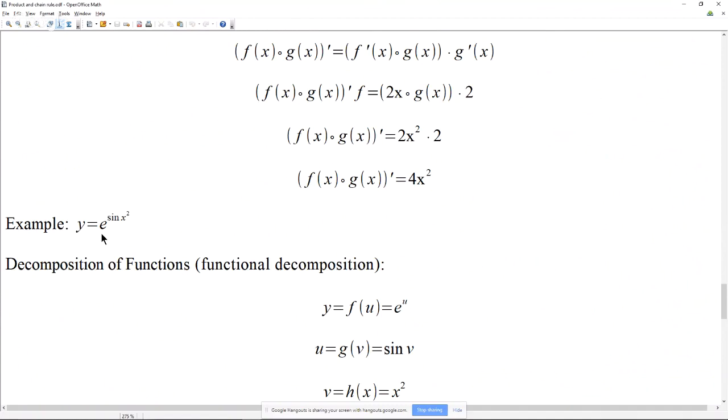If I want to start simplifying this, the first thing I want to do is take this exponent and make it into a single variable, right? So I'm going to call that, what do I usually call that? U. So my y is equal to e raised to the u, where u stands for sine x squared. We good? Yes.